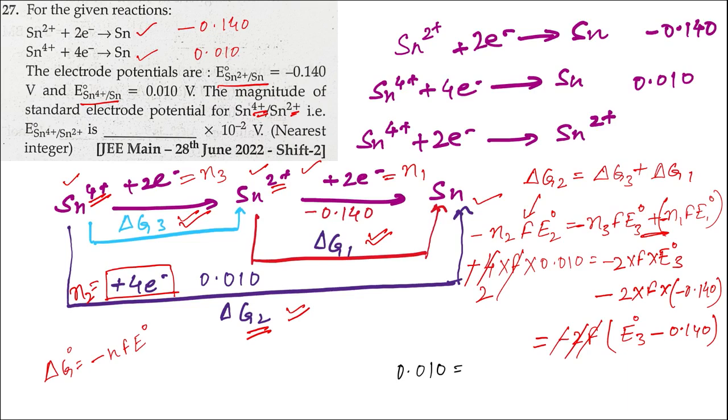Solving, 4 into 0.010 is equal to E naught 3 minus 0.140. This becomes 0.040 is equal to E naught 3 minus 0.140.